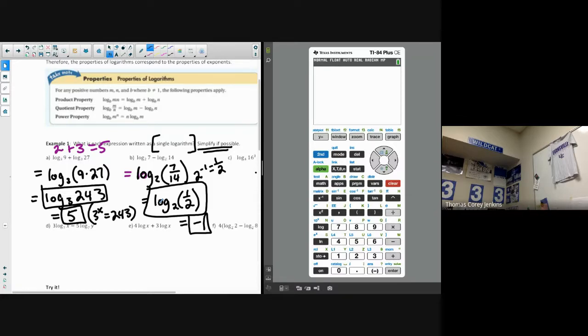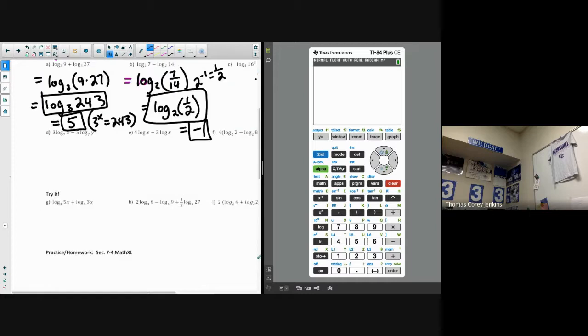I'm going to skip C and go to D. Here I have what looks to be a coefficient on a logarithm. And remember, when we take a number times an exponent, that's equal to the power of the base.